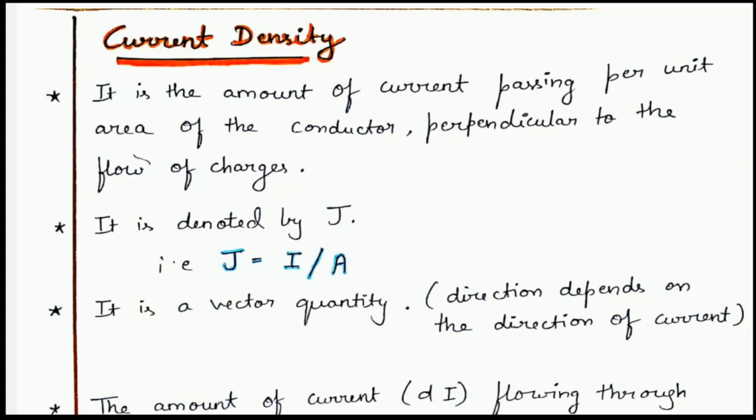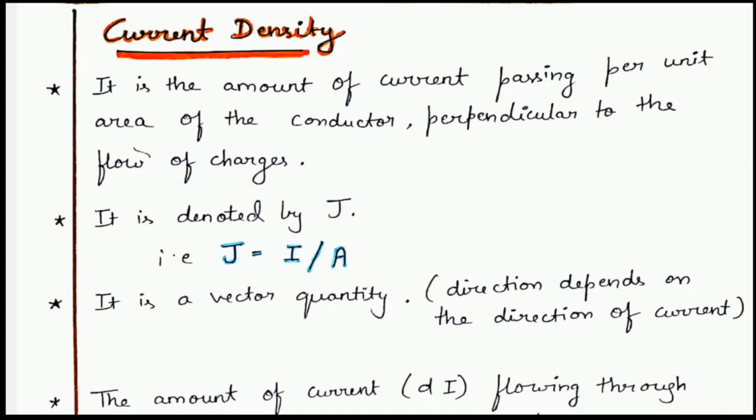So it is a vector quantity, but current is a scalar quantity. This is because it is bound for the current to flow from the positive terminal to the negative terminal, but the direction of current density is not bound. It follows the direction of electric current. That is why it is a vector quantity.